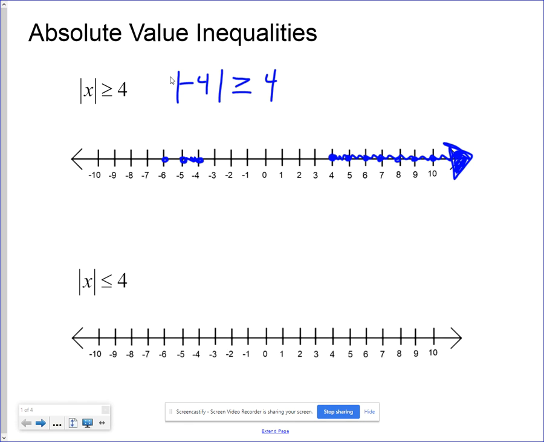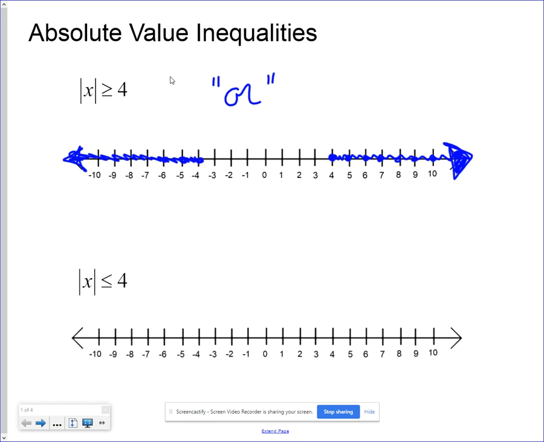So basically what we have here is everything to the left of negative 4. Now, looking at this graph that I have here, does this remind you of anything? Hopefully, it reminds you of compound inequalities containing the word or. This reminds me of an or compound inequality.